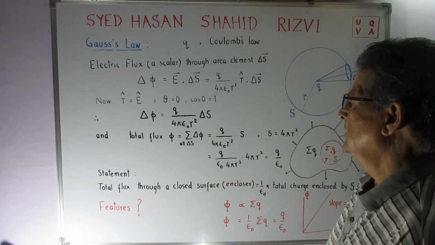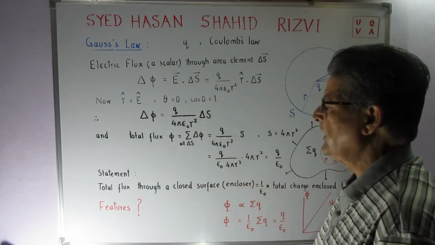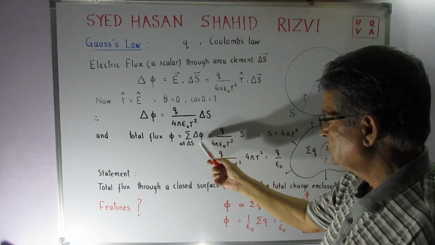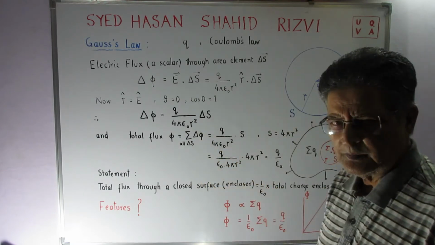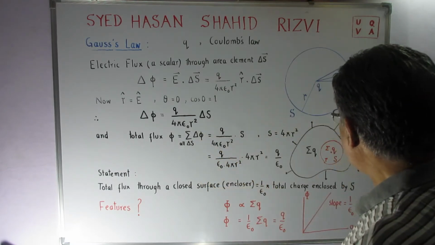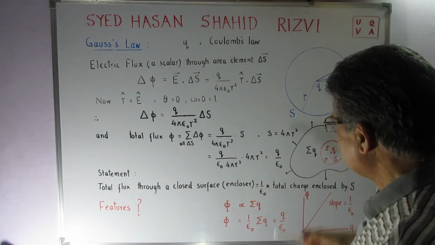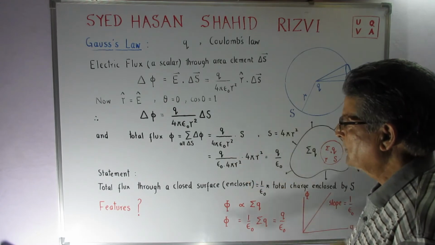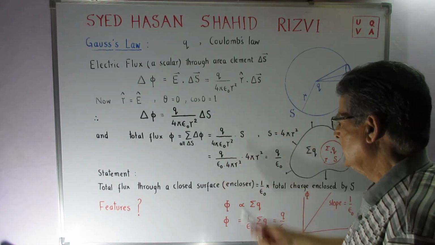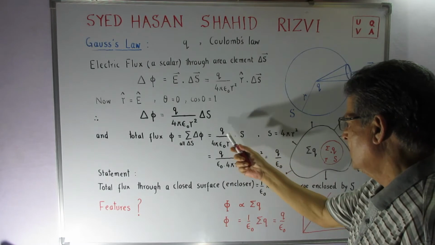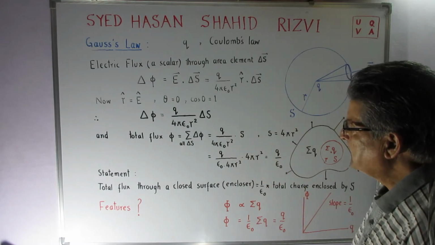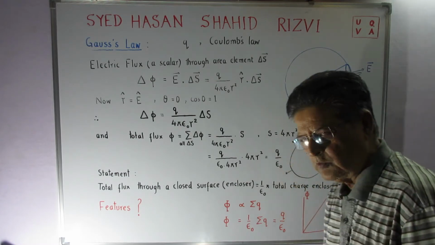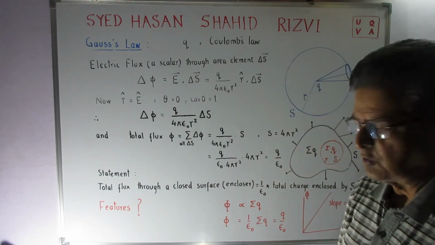So if we want the total flux phi, then it will be the sum of the flux for all delta S values. In this particular case, the summation of all delta S is equal to S. So I will get Q upon 4 pi epsilon naught R square times S, where S for the spherical surface is 4 pi R square.